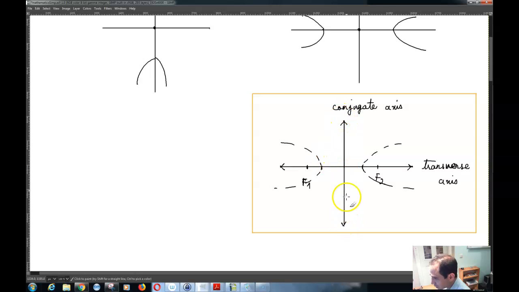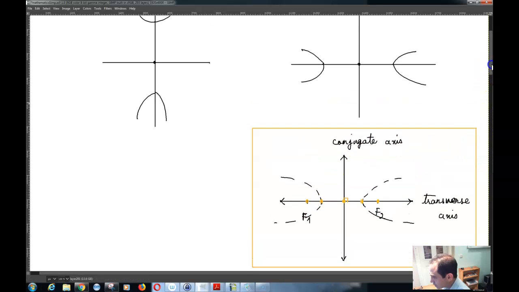You have a conjugate axis, you have a transverse axis, the axes are perpendicular, you have a center over here, you have these two vertices over here, you have these two foci over here, and that's basically the whole system.